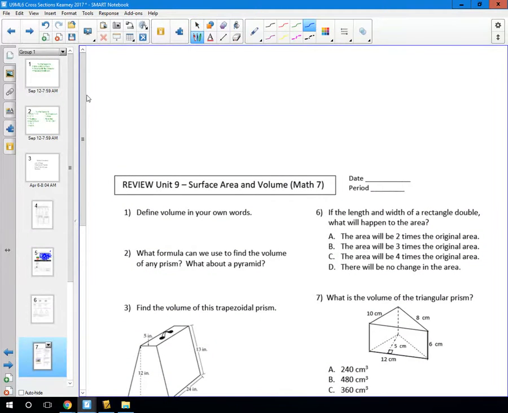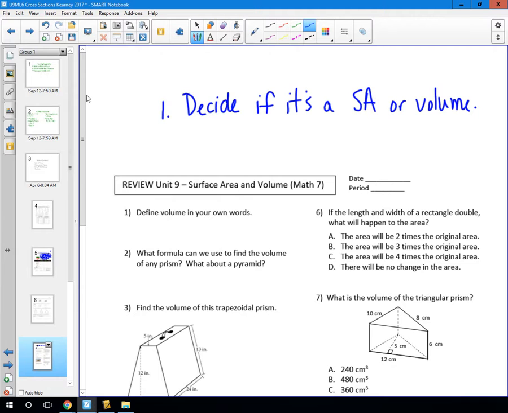when you solve these, I want you to first decide if it's a surface area or volume problem. Surface area or volume. Okay?